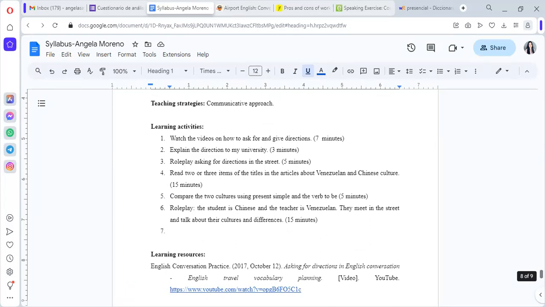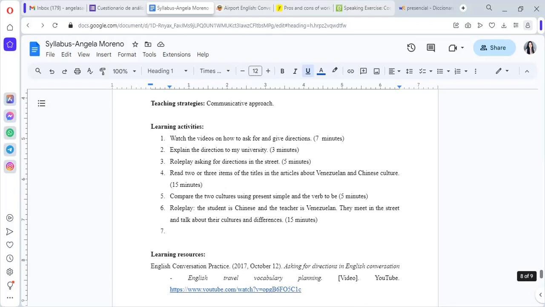Then he's going to explain the directions to his university, which will last 3 minutes. Then he's going to carry out a role play with his teacher in which he asks for directions in the street. This will last 5 minutes.